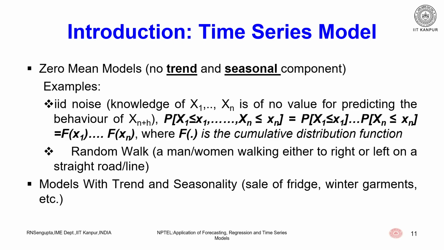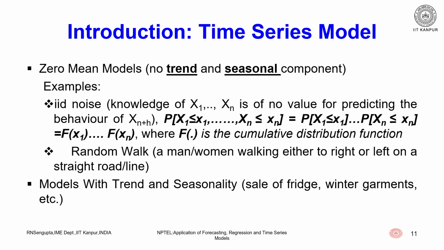So, F given here is basically the cumulative distribution function. A very simple example can be a random walk, that is a man or a woman walking either right or left along a straight line, depending on the probability of moving forward and backward. You will utilize this concept to find out where the change is, or how you can model the trend in a theoretical sense.